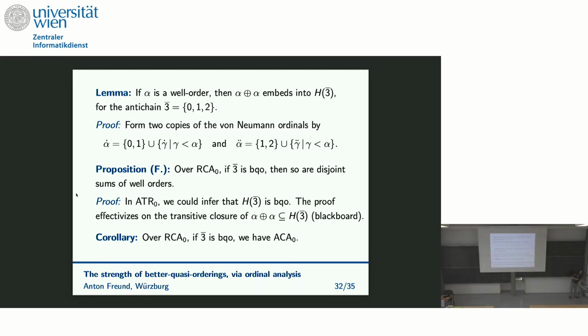And maybe the first thing to recall is that the notion of better-quasi-order was pi12, in fact pi12 complete. And so even for a single fixed order, saying that that is a better-quasi-order is a pi12 statement, and so it could be equivalent to one of the strong principles. That's not the case if you speak about well orders.